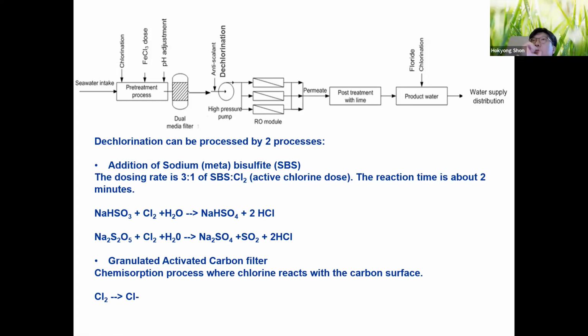So if you just turn on the tap water, in fact, you're drinking chlorine, almost less than 1 milligram per liter. So your chlorine is still there inside the tap water, and when you have a low concentration, that's fine. You can drink it as it is.